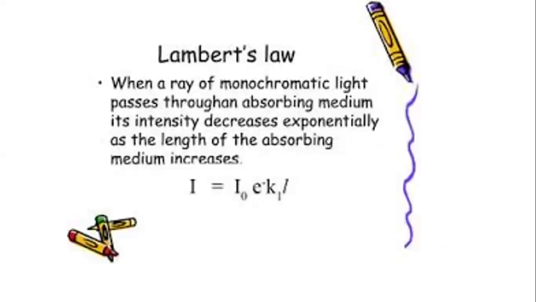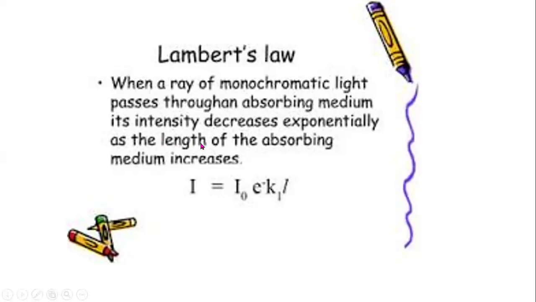So what is actually governing the measurement of this light? We have two laws that govern the measurement of this light. We have Lambert's law and Beer's law, which jointly form the Beer-Lambert law.